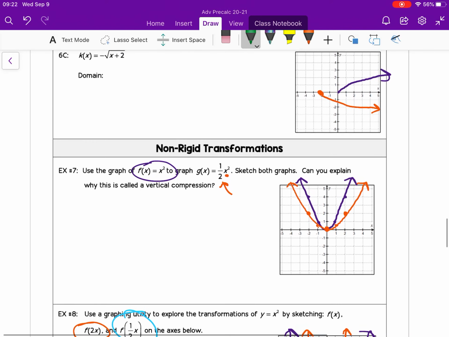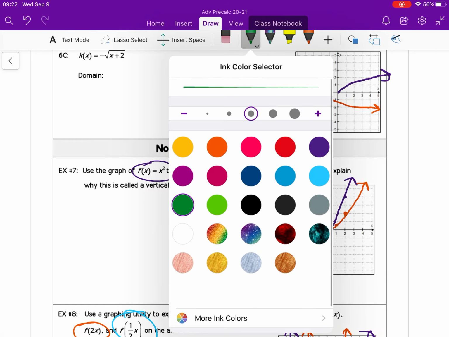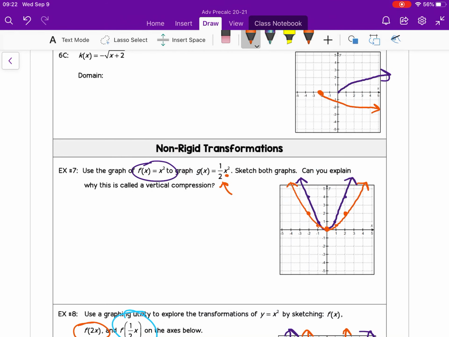Okay, what about some stretches and compresses here? All right, so the purple graph is just your regular y equals x squared. What I did for the orange one here that was already graphed, think about a table. If I plug in 0 there, I get 0.